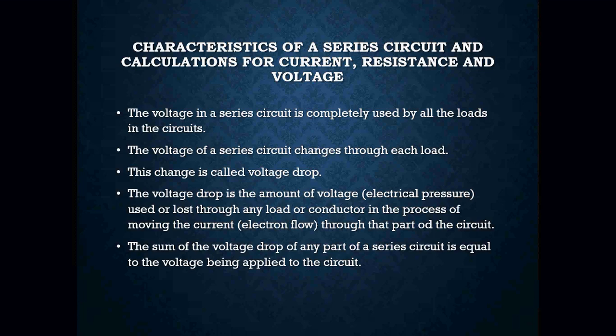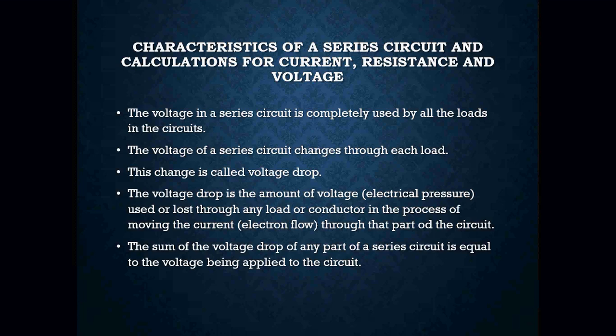The voltage in a series circuit is completely used by all of the loads in the circuit. However, the voltage that is used by each load is going to be different. The reason is the different resistances of each of those individual loads.